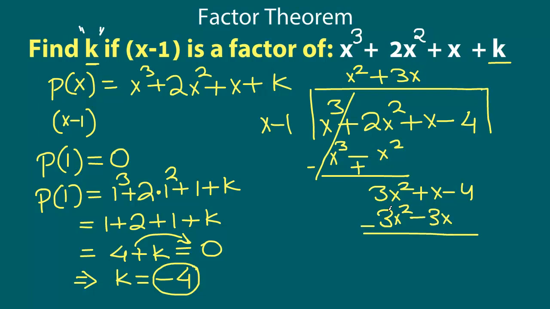Now when we subtract, this cancels out, and we get 4x minus 4. We divide 4x by x, we get plus 4. That gives 4x minus 4, and indeed, when you subtract, both terms cancel out and the remainder is 0. So indeed, when we have k as minus 4 and we divide by x minus 1, we see that our remainder is 0.